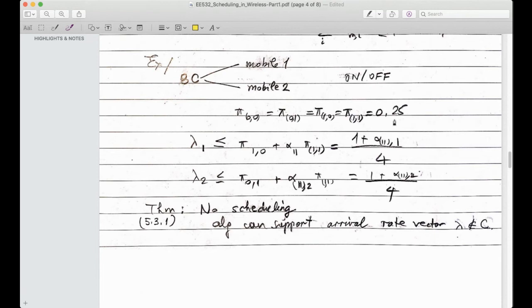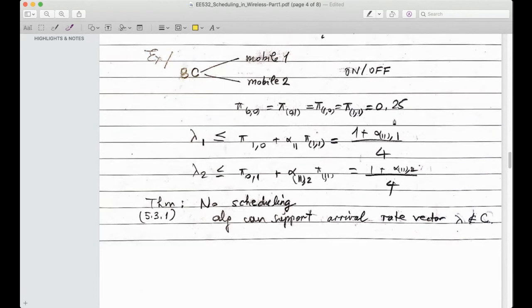So in this situation, suppose alpha_11 is the probability of scheduling user 1 during the state when both are on. Clearly, the probability of then scheduling user 2 during state 11 is 1 minus alpha_11. And in the state 10, there is no doubt as to which user should be scheduled.